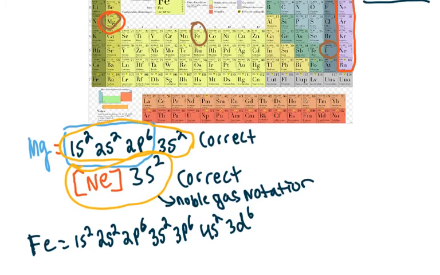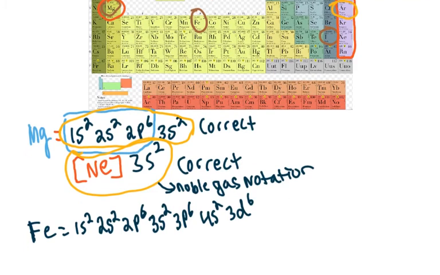But if it says do the long way, then you've got to do the long way. For the noble gas notation, all you have to do is start here, work your way back and look where the most recent previous noble gas is, which is right here, argon. So argon is our most recent previous noble gas from iron.